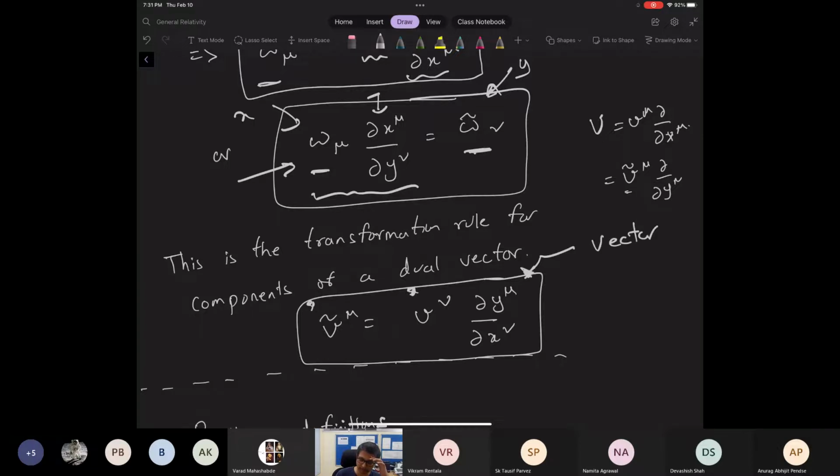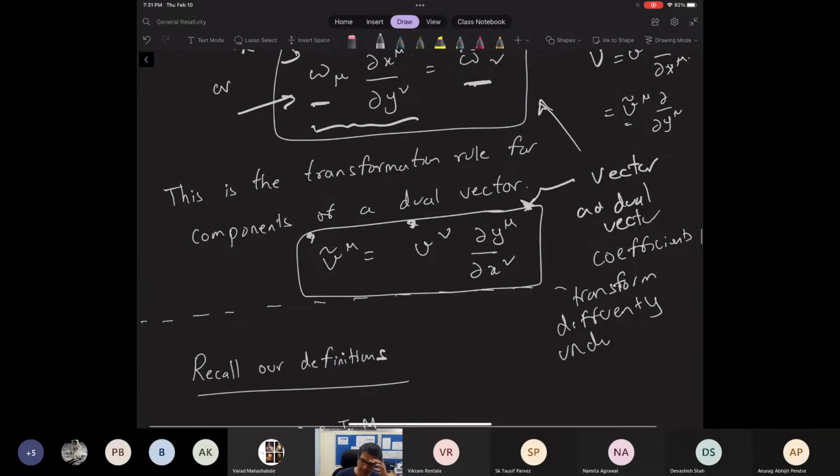So I'll just write it in words: vector and dual vector coefficients, and even the basis vectors, transform differently under coordinate transformations.